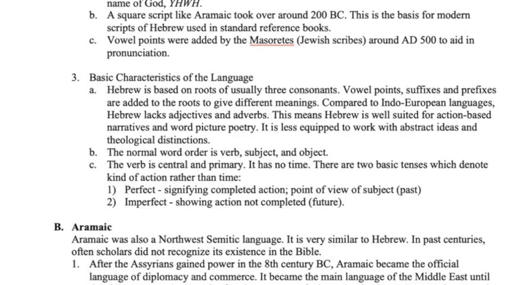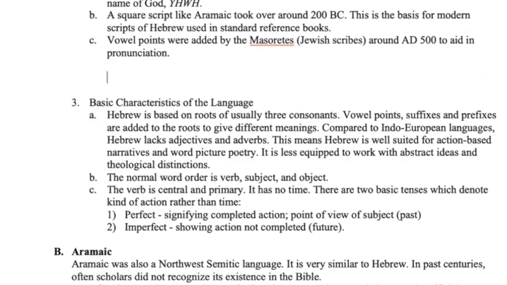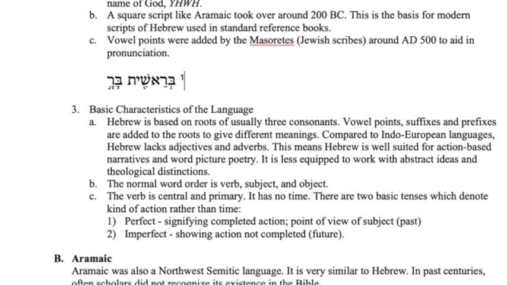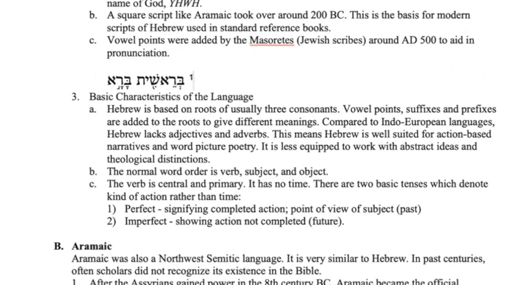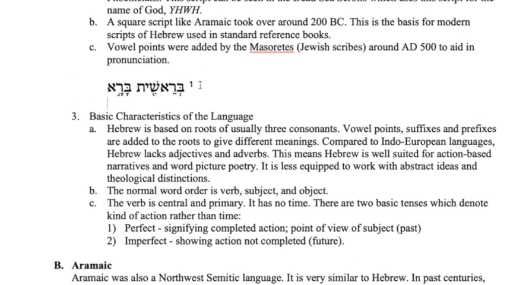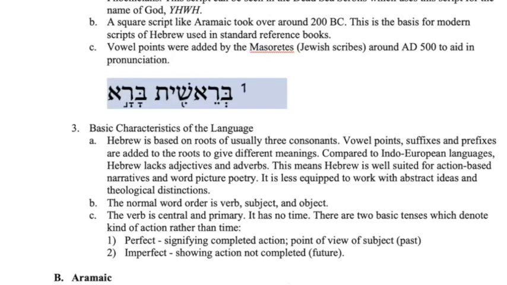So let me just put in here real quick. I'll just copy and paste a couple of letters from the very beginning of Genesis so you can see. Okay, so let me make that a little bigger. Okay, so you can see this a little better.